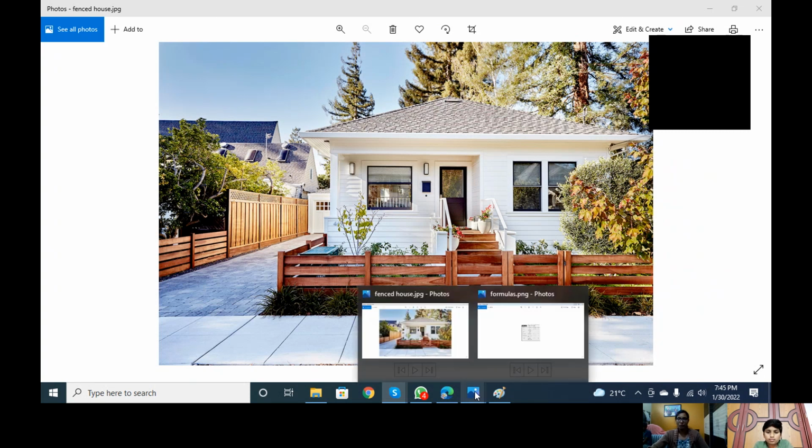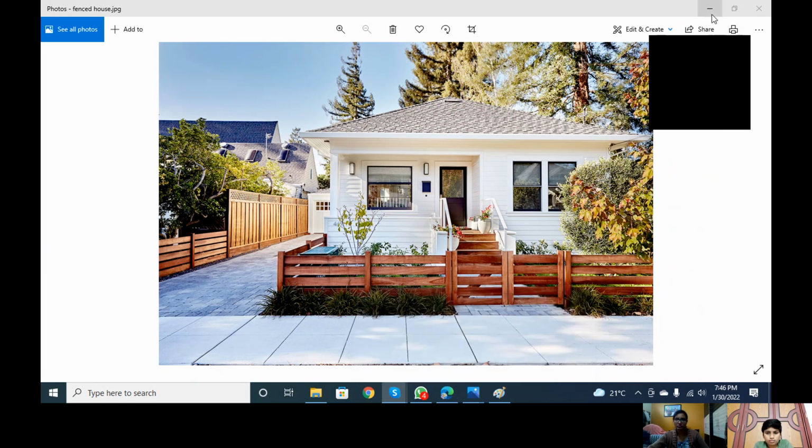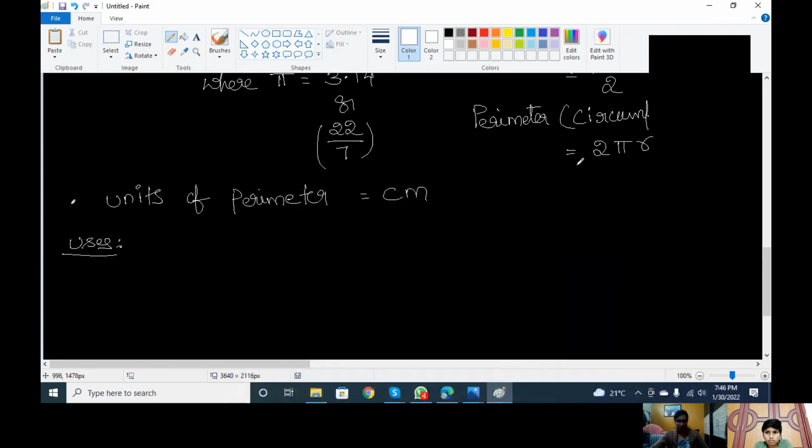One more. If you want to find out the cloth which is put on a dining table.